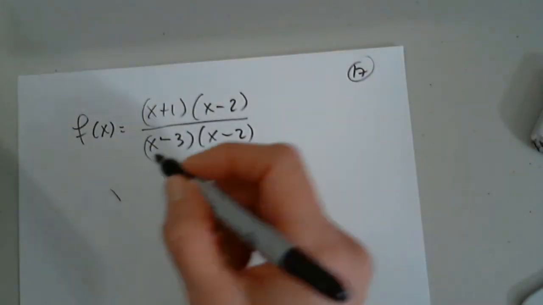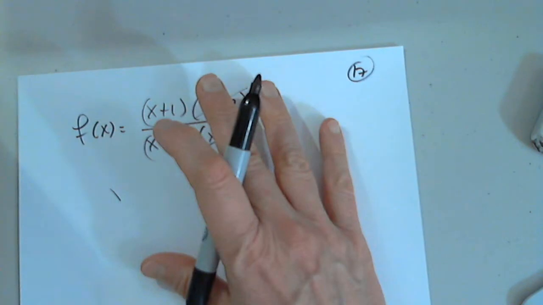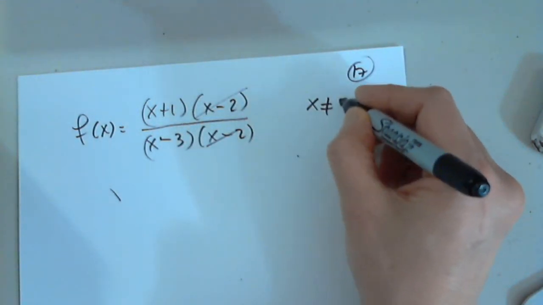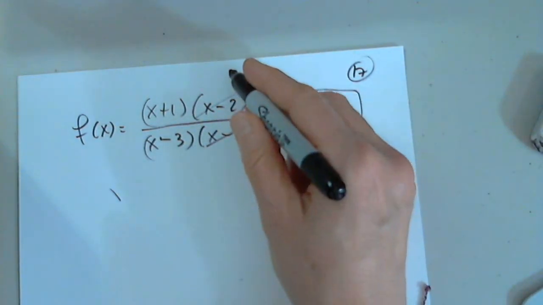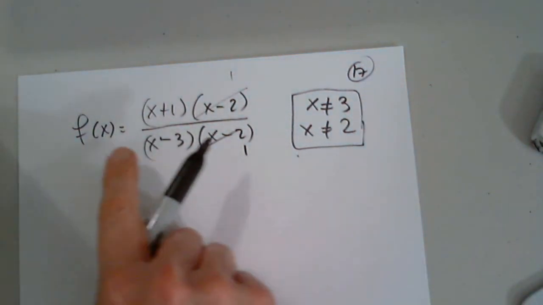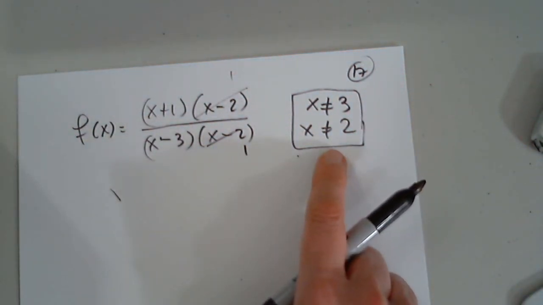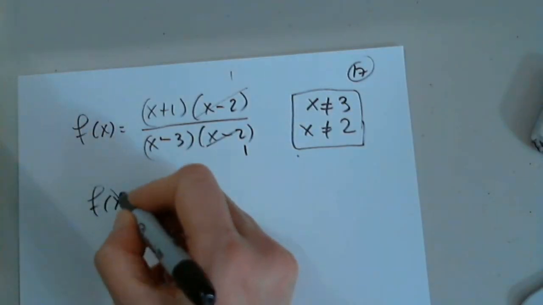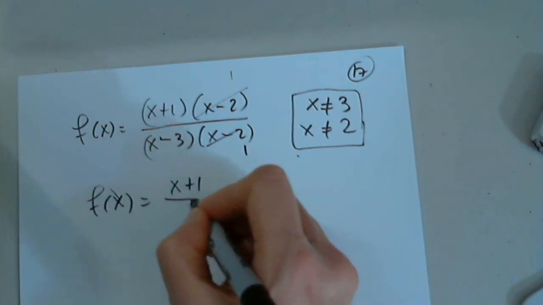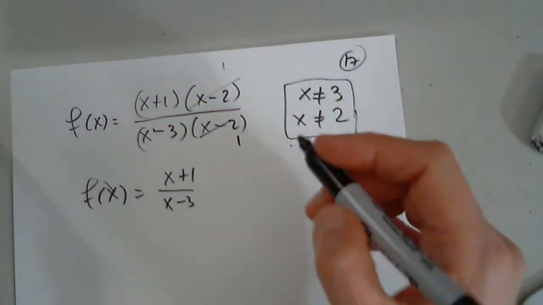So in this case, we do simplify, but we cannot simplify before we state the domain. We can only simplify after we state the domain. So now these two go away. However, the function is still undefined at 2. So the simplified form of the function will be x plus 1 over x minus 3.